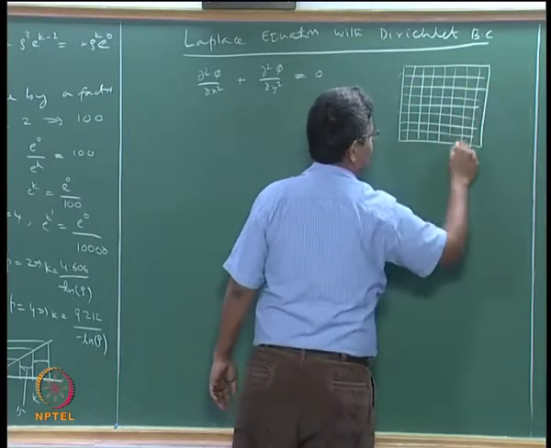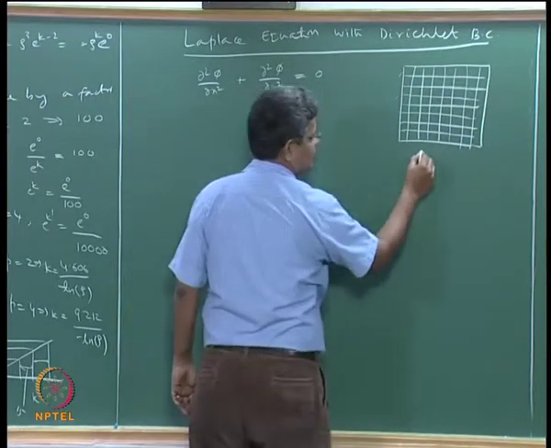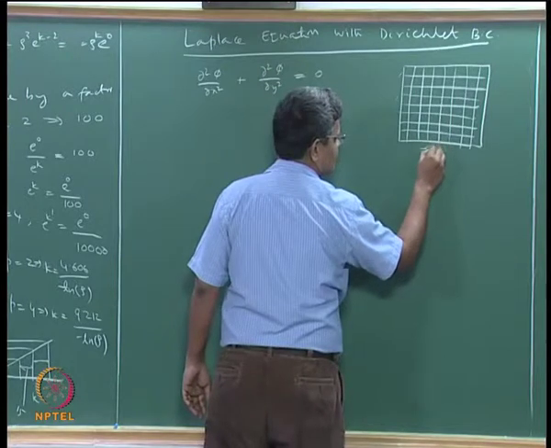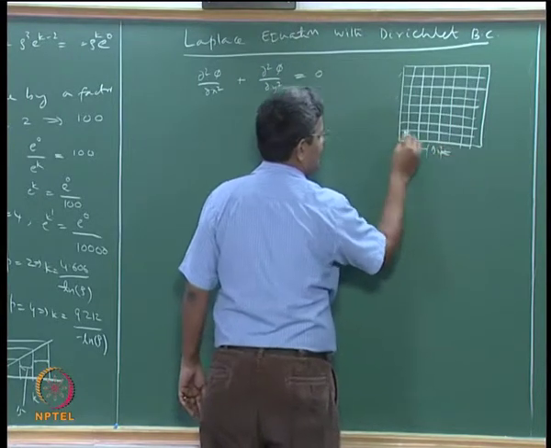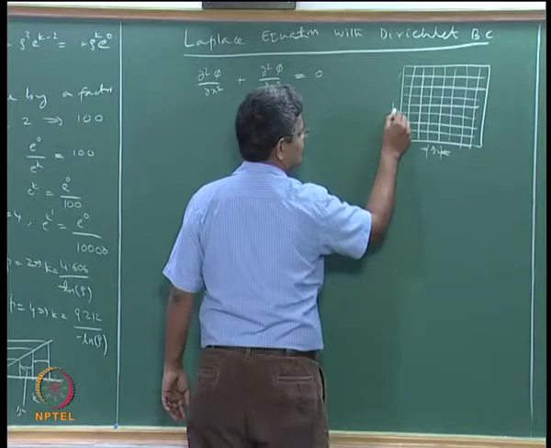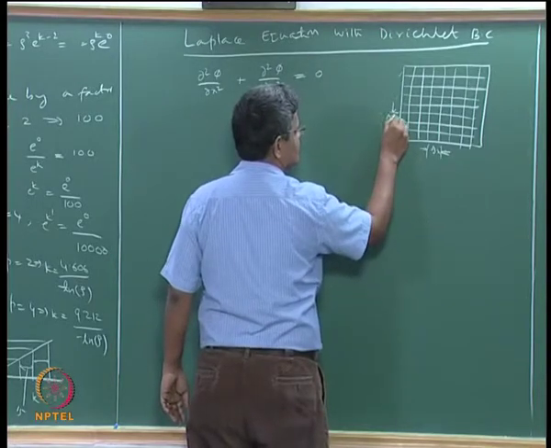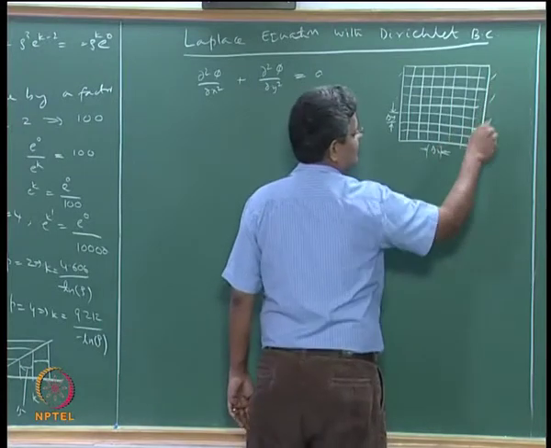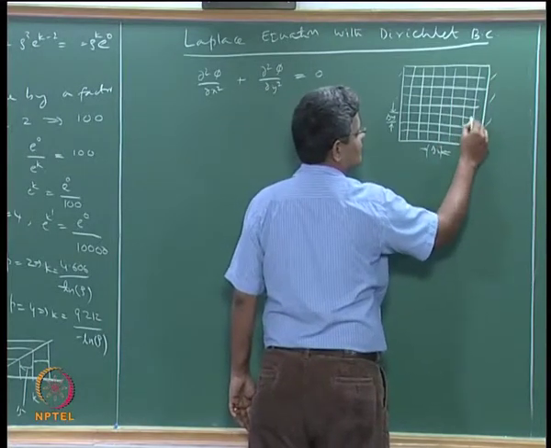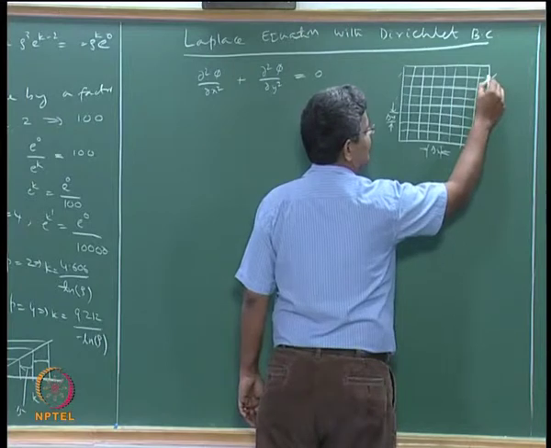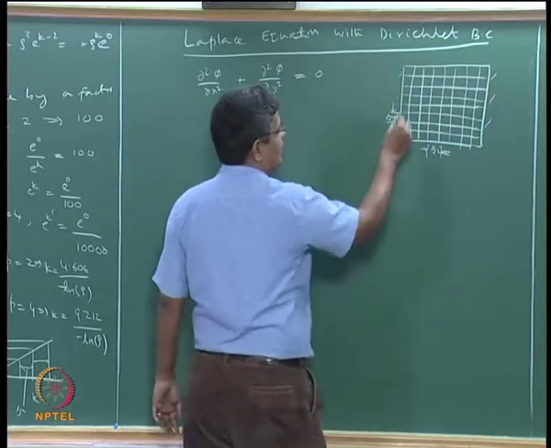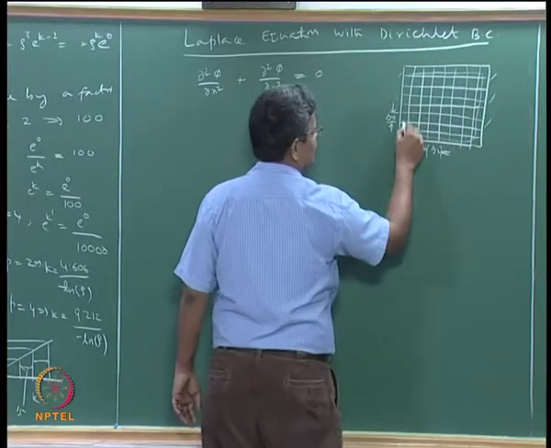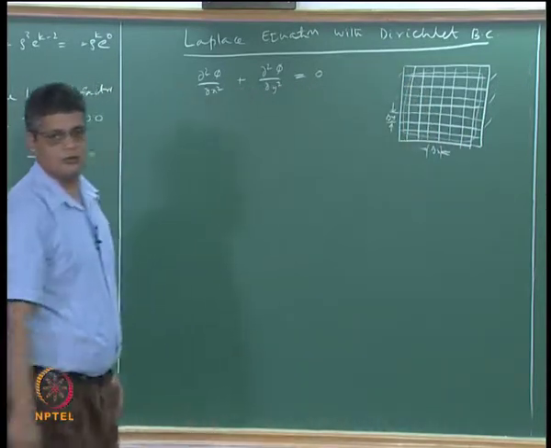And for this particular case we are assuming that we have constant spacing delta x here and a constant spacing delta y. Because these are boundary conditions, that means all these boundary points are known, and it is only the interior points here that are unknown.